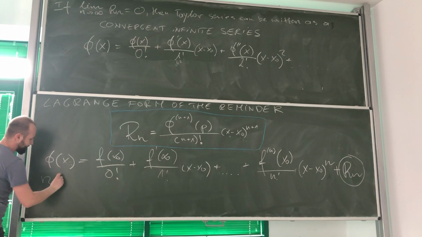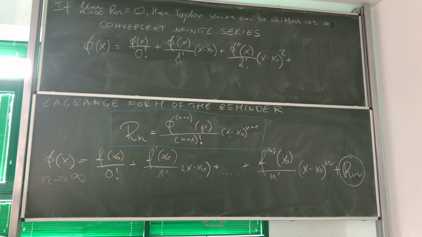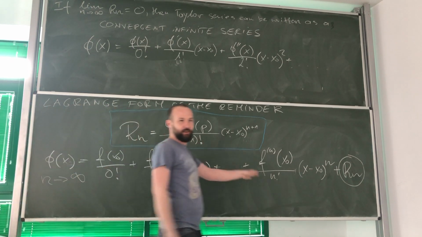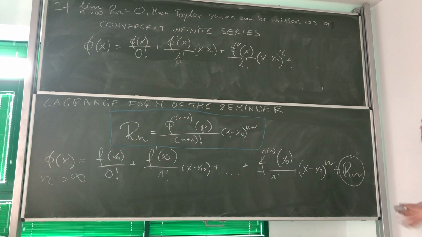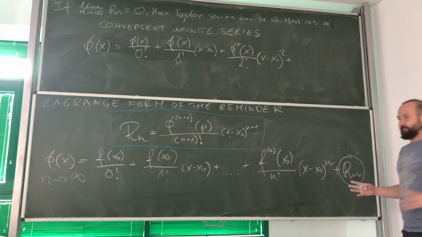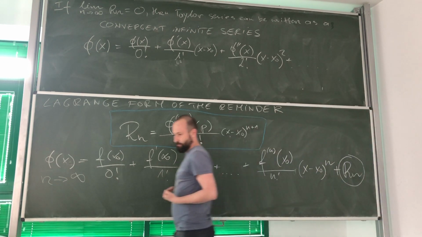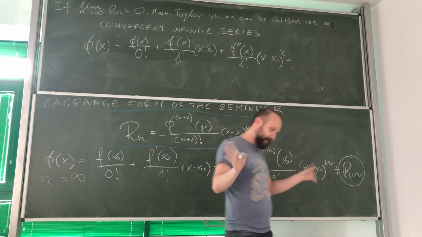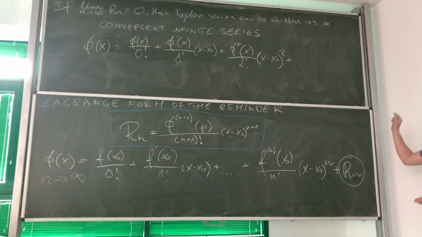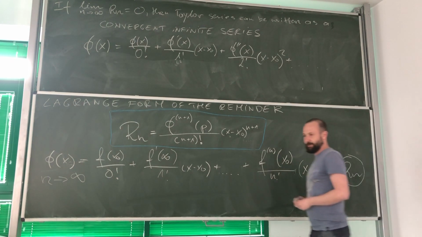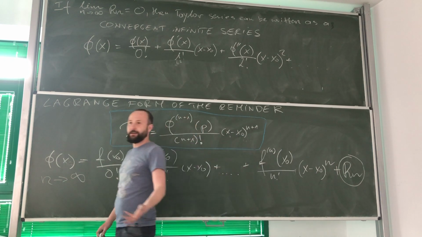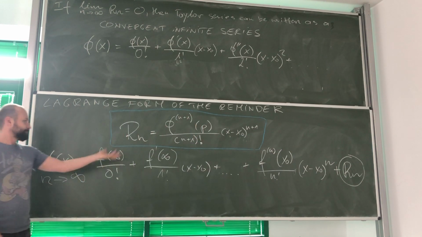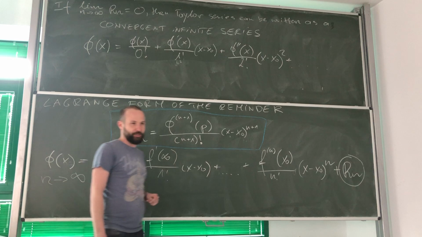Let's assume a case where n is approaching infinity. How many components will we have here? Infinity. If we are trying to approximate some function, doesn't matter which, using a Taylor expansion with n elements, we have n different expressions.